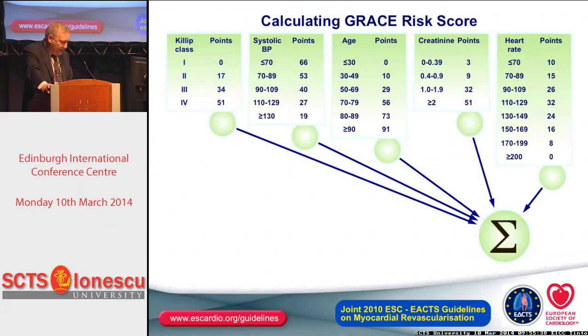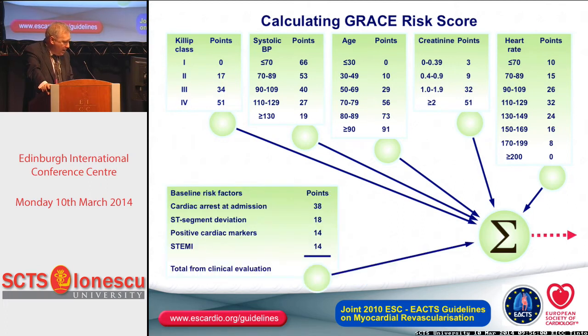So I think it's quite important that this GRACE risk score, after the TIMI score has been developed, is relatively easy for the cardiologist to calculate. You can go on the website, I think it's from UMass, for example, where you can add the Killip class, the systolic blood pressure, the age, the creatinine, the heart rate, and the baseline risk factors, numerous things, and you get to a score.